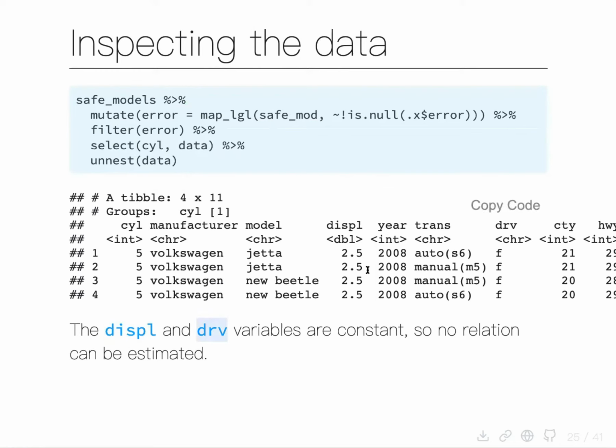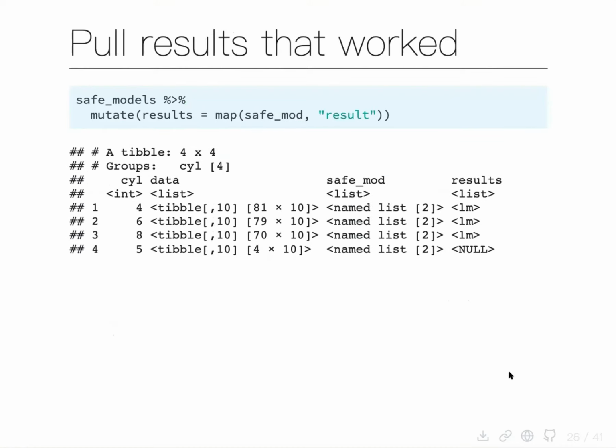You can see for both of those things, they're constant. There's no variance in them whatsoever. So the relation between them and the outcome can't be estimated, and that's why I'm getting an error. So in this case I really can't do much with it. Instead, I'm just going to pull the results that worked.